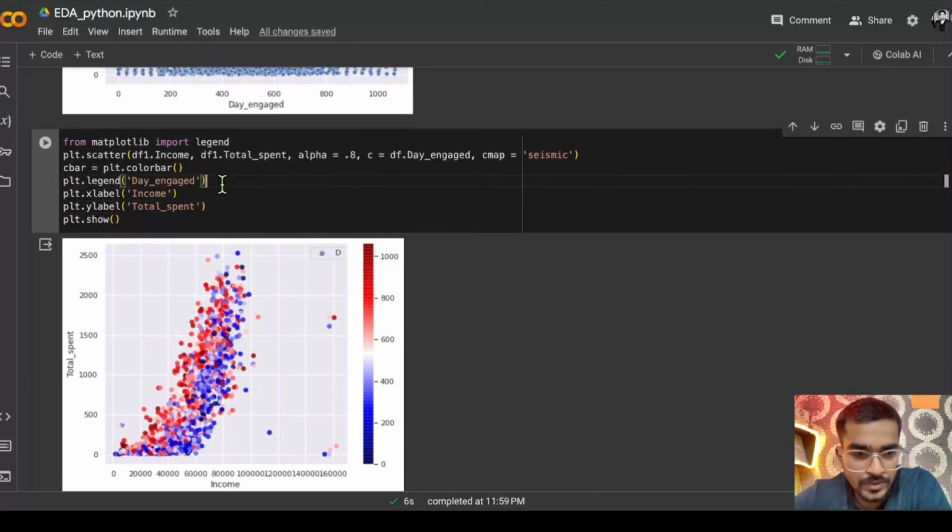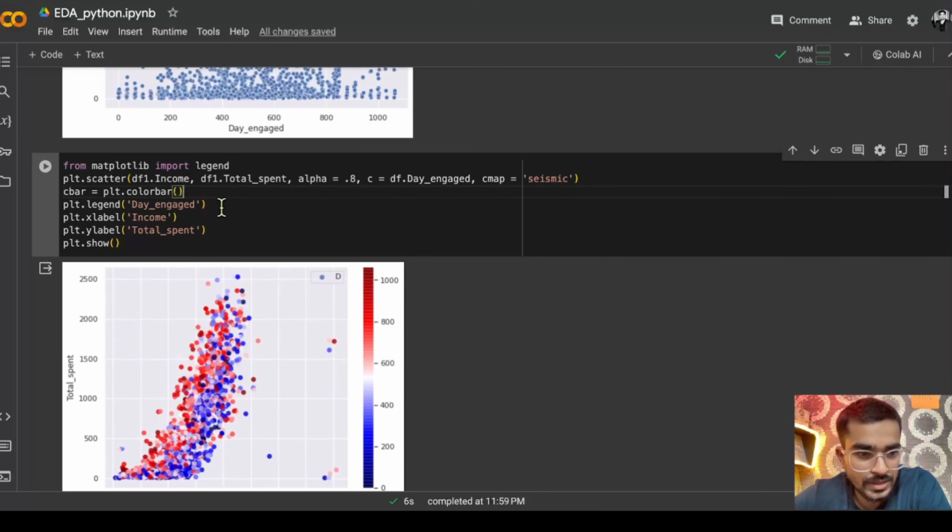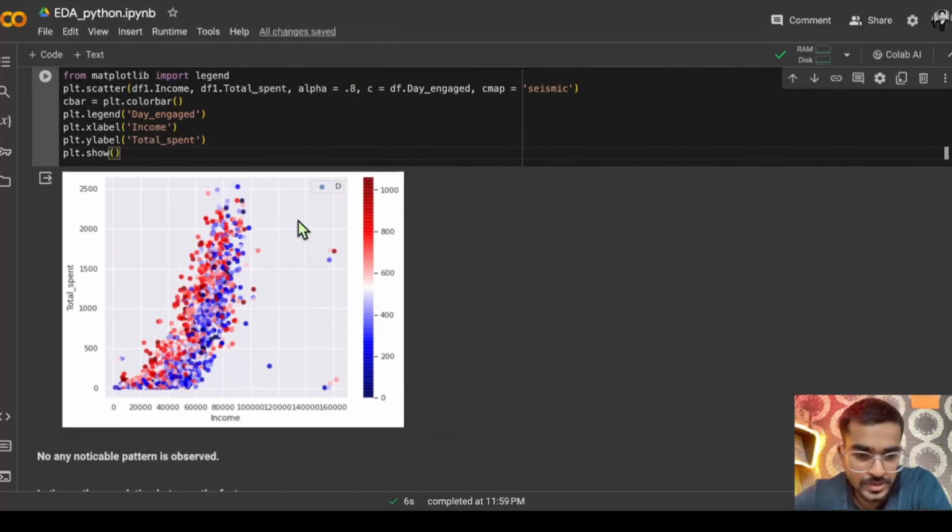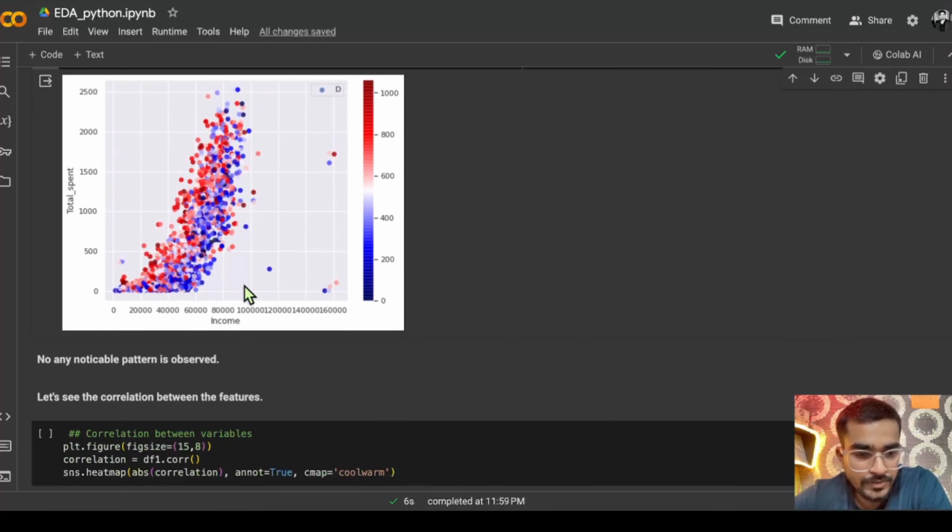You can take the help of ChatGPT or AI, and you can generate the code to generate that kind of graph. But if you understand the basic syntax of generating the graphs, you can easily understand that code, and you can easily manipulate that code based on your preferences and choices, and you can use that code for your purposes. So that was it for the bivariate analysis.